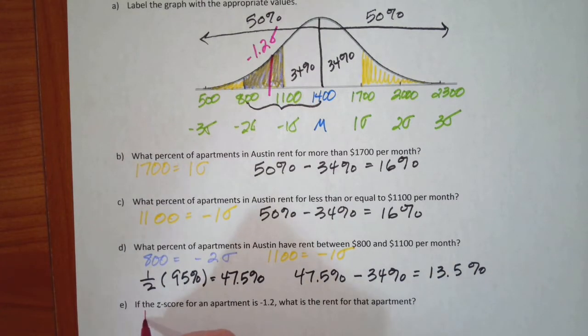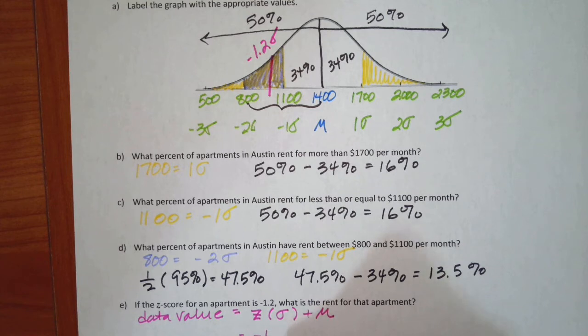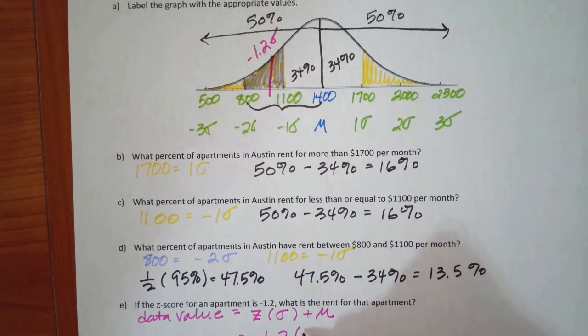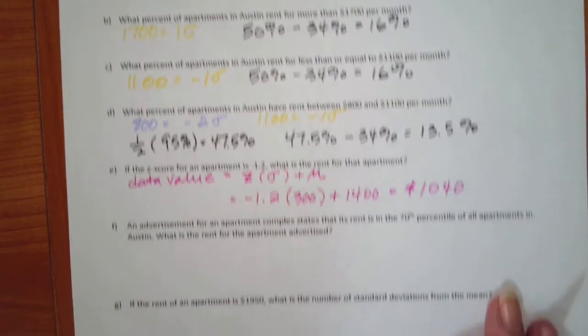So I know that the data value is equal to the z-score times the standard deviation plus the mean, which is -1.2 times the standard deviation plus the mean, which gives us 1,040. Whoops, there you go.